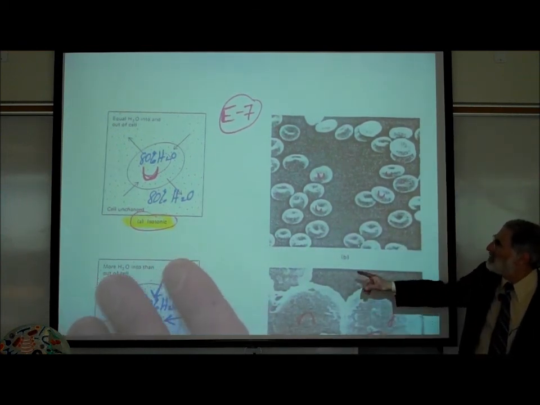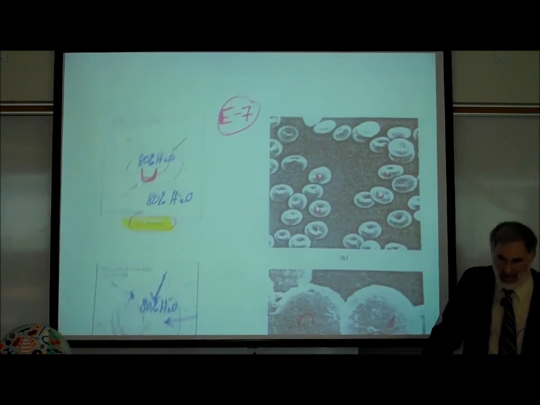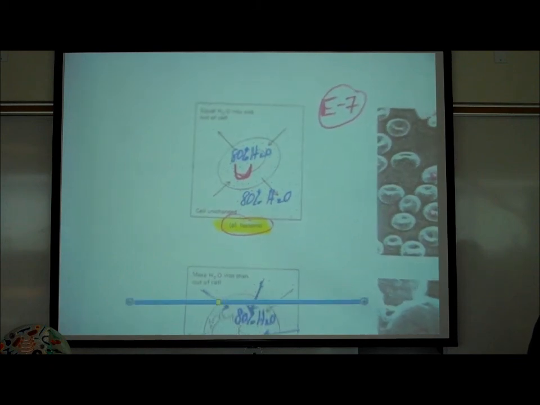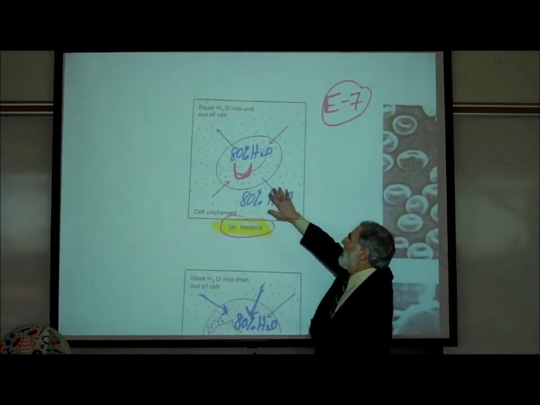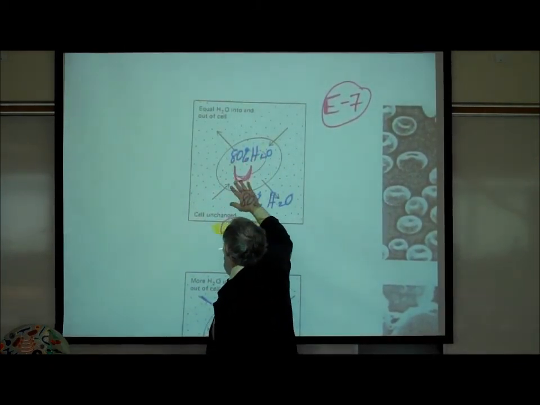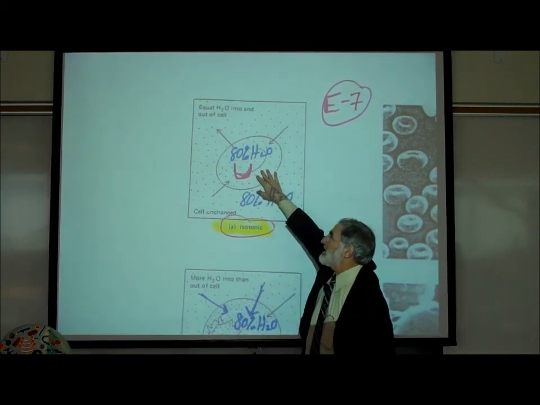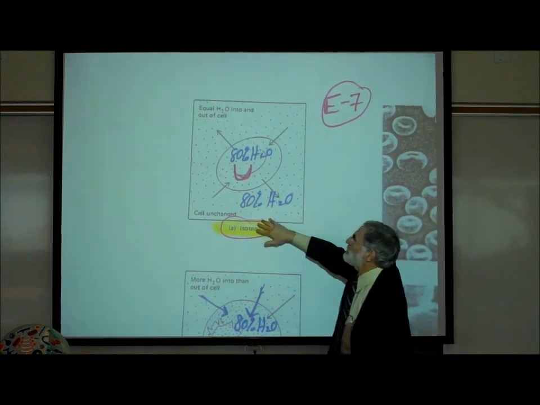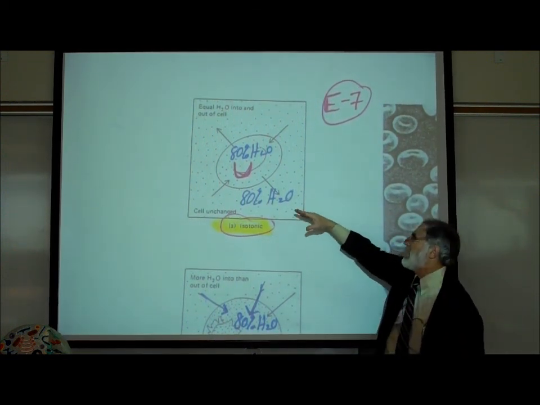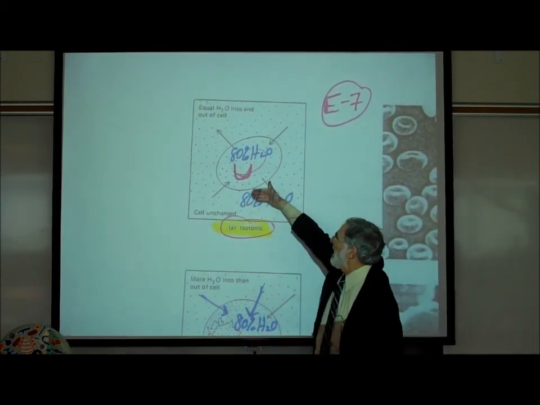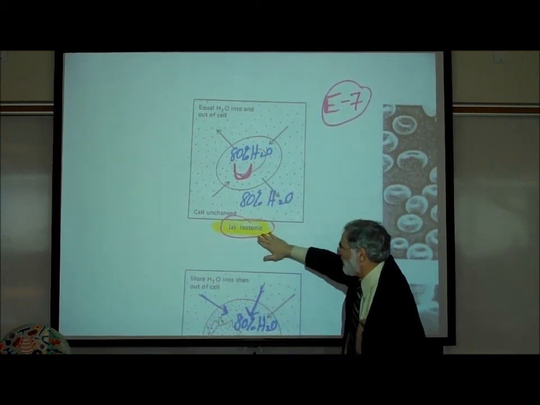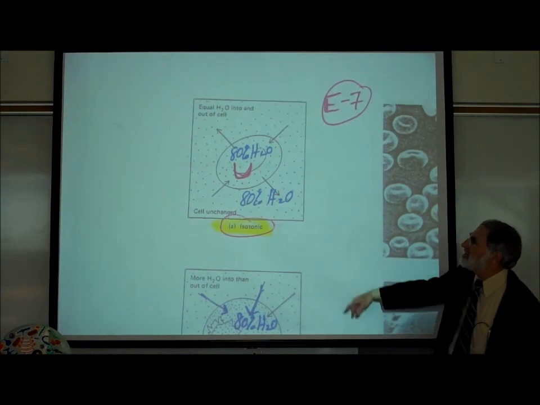So on page E7, on the left, we have a drawing showing a cell. We are reminded that it's 80% water on the inside of the cell normally, and if the fluid or solution surrounding that cell is similarly 80% water and 20% other stuff, just like inside the cell, that's called an isotonic fluid. And this is a happy cell.